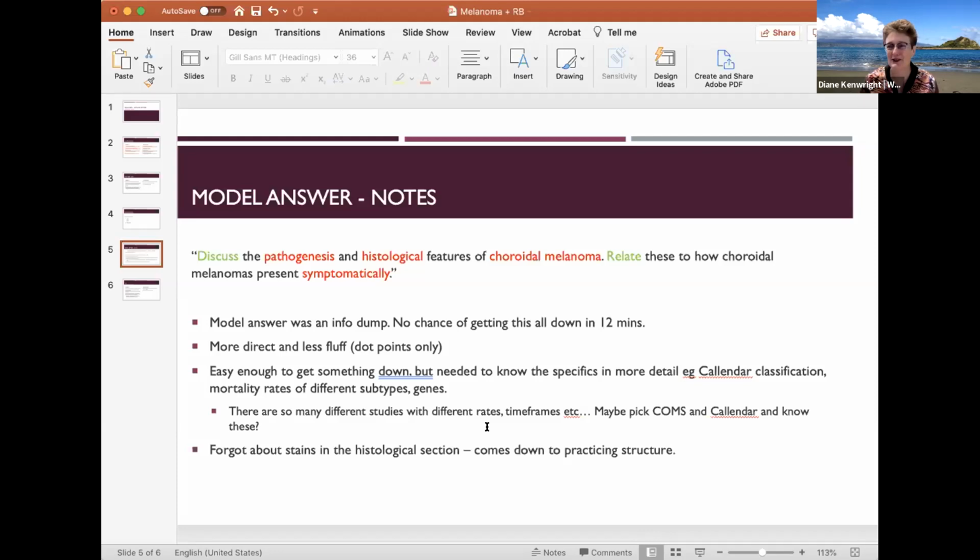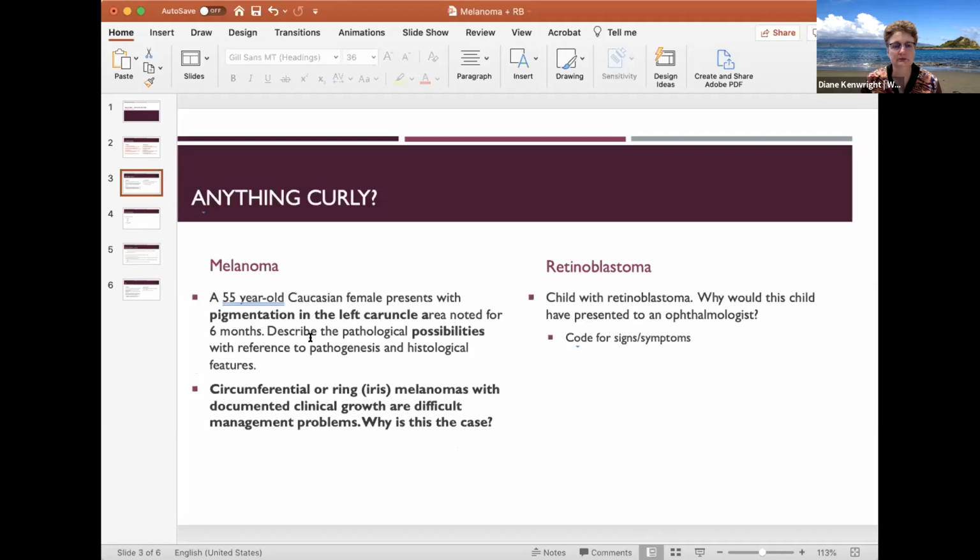If you could go back 2 slides to number 3. It's interesting that you've chosen questions that are actually clinically based, because you would see the causes of pigmentation in the conjunctival area more than me. And I think the thing to not forget is all the benign things that cause pigmentation in the conjunctiva.